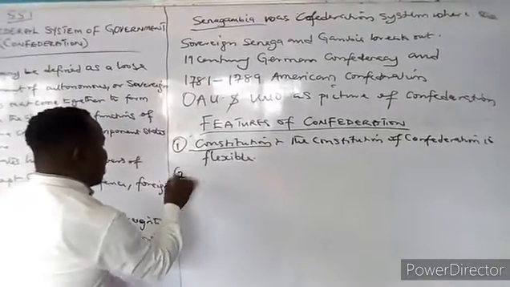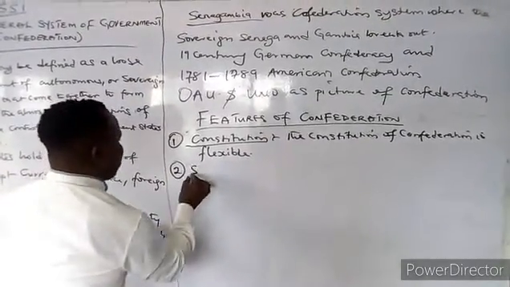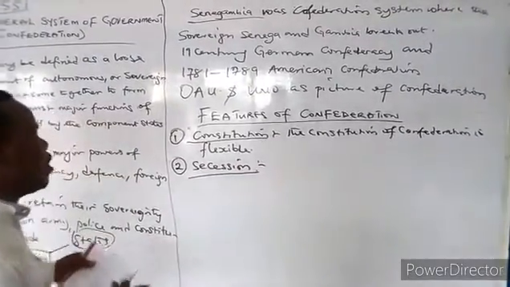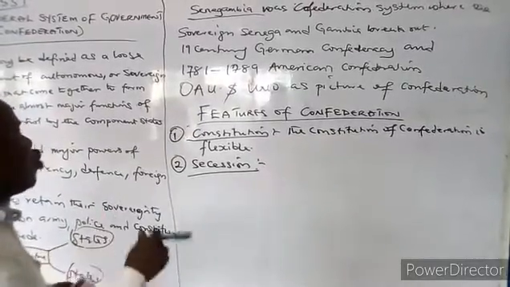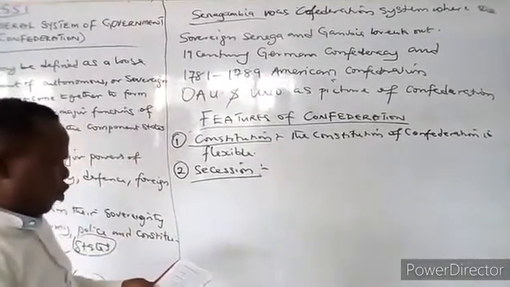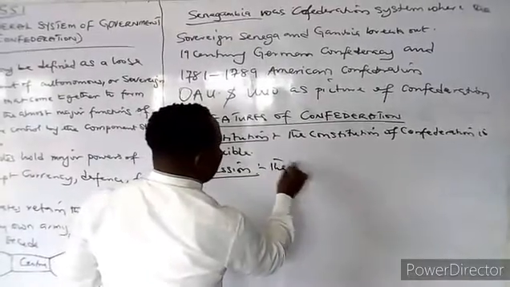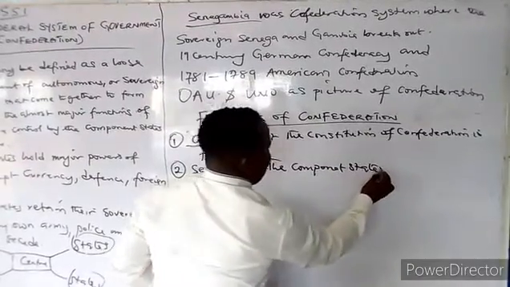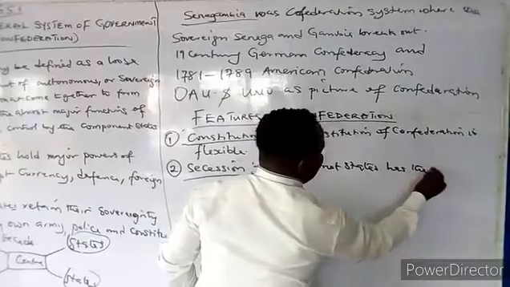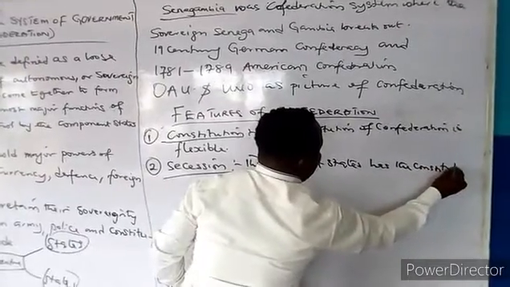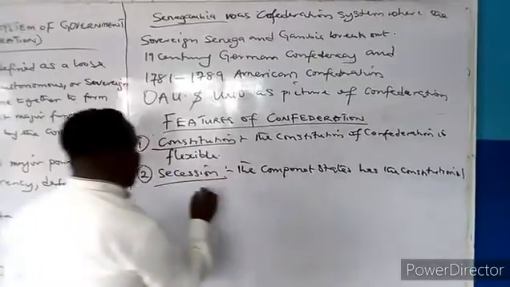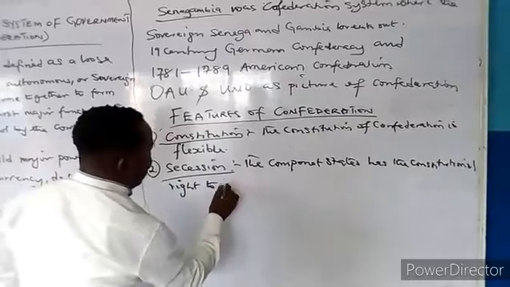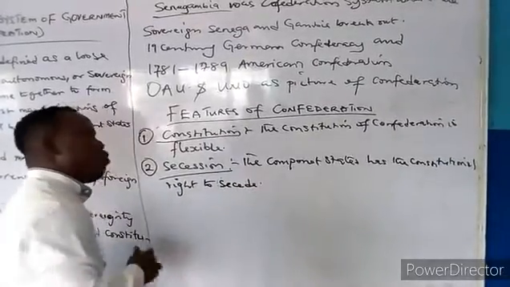Number two is secession. As you all know, secession simply means the component states have the constitutional right to secede, that means to break out.